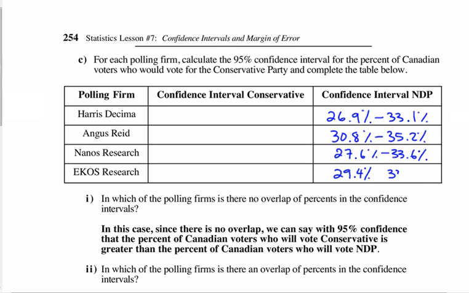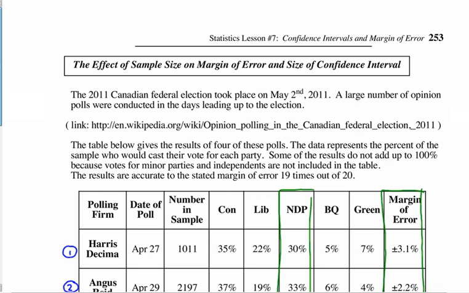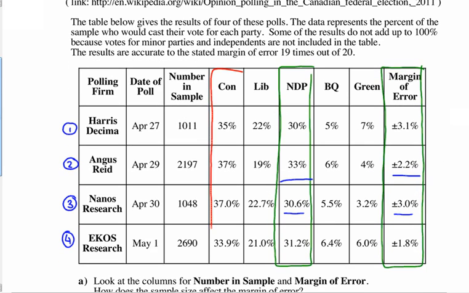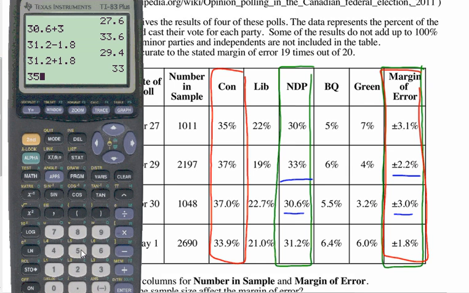So these are the four different survey companies again. Now we're looking at the Conservative. So this time, go back to this chart, we want to look at the Conservative, and again, here's our margin of error. To get our first range for the first survey, here is Decima. We take 35 and we subtract our error, and then we take 35 and add our error.